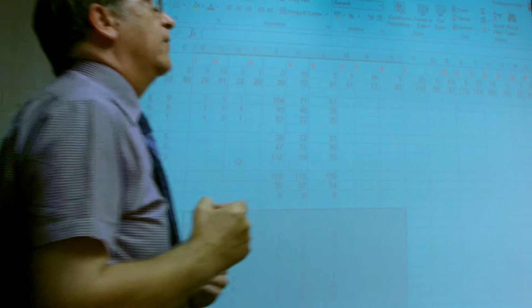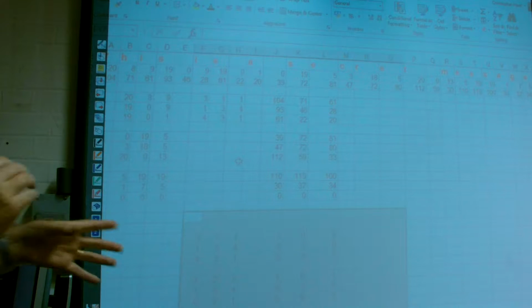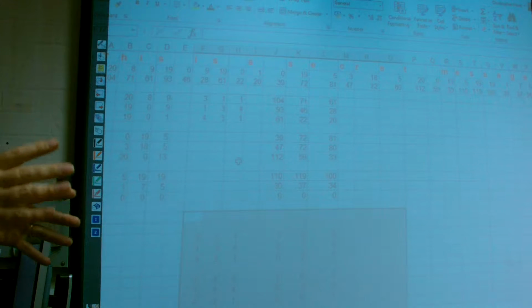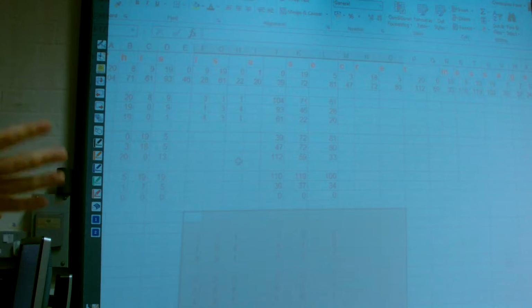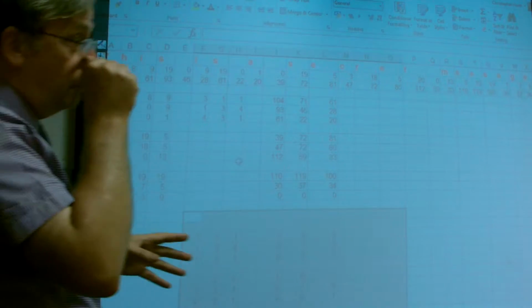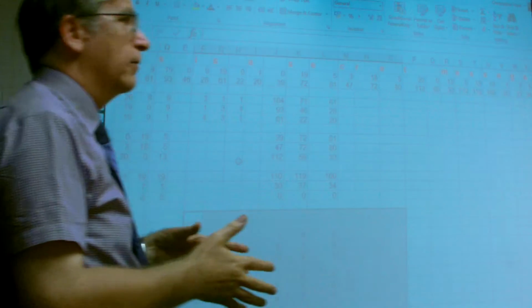Well, you can program a computer, you can give the computer the instructions, the algorithm to do it. At some point, somebody has said, this is how to calculate the inverse. And so, if you go and look, you will find programs that will calculate the inverse of a matrix for you. But somebody has written out the algorithms for it.